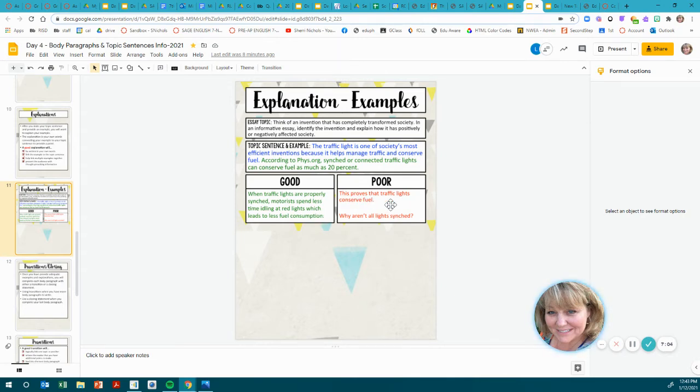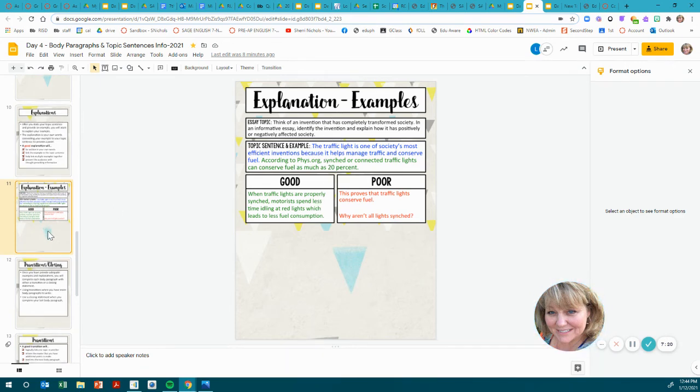Don't say this proves that traffic lights conserve fuel. Show us in your example that this is happening. And don't say, why are all lights synced? That's really not what you are trying to explain from what you just wrote.